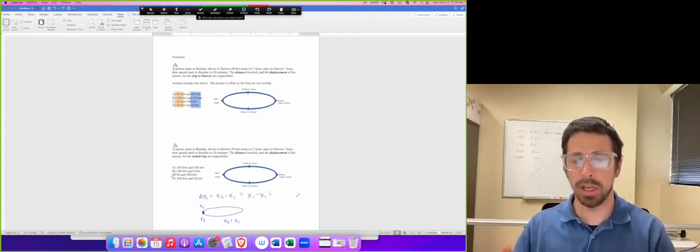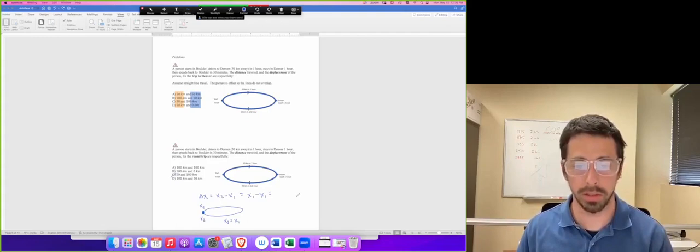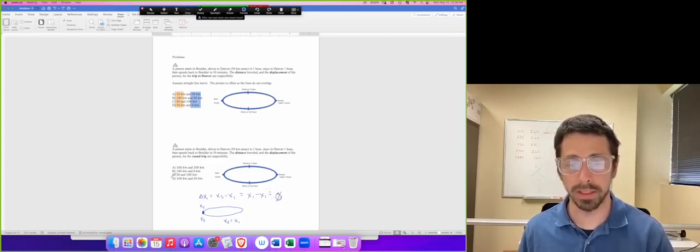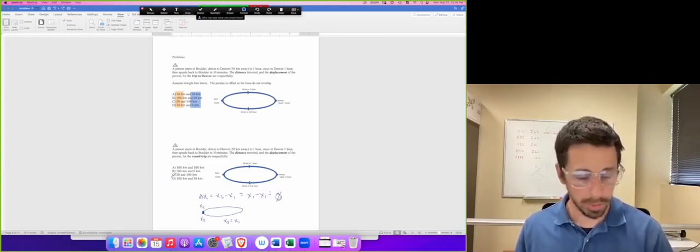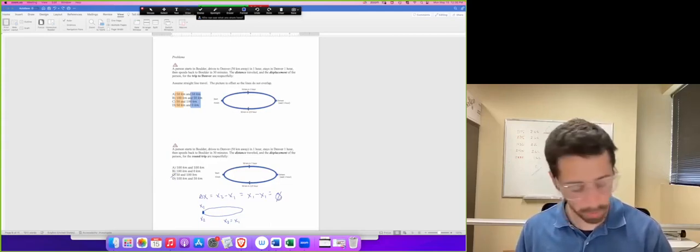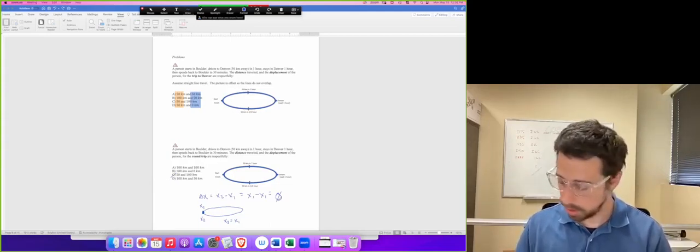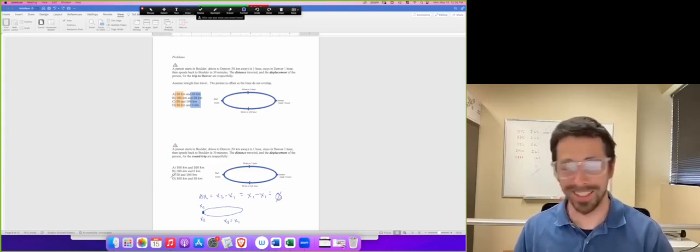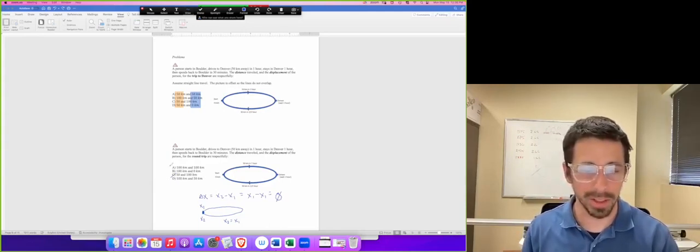Means I started and I ended at the same location. So my displacement here is actually 0, right? So if you wake up in your bed and sleep in your own bed that day, your displacement's been 0, right? Because you start and you end in the exact same place. So the answer here is going to be B.